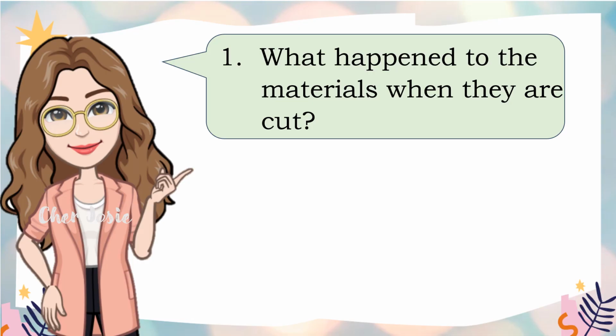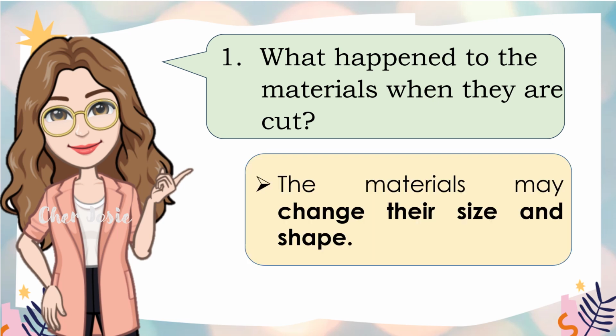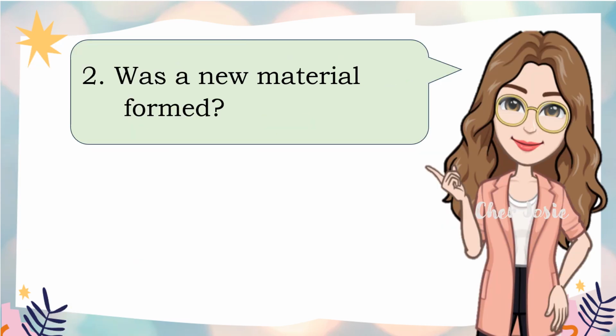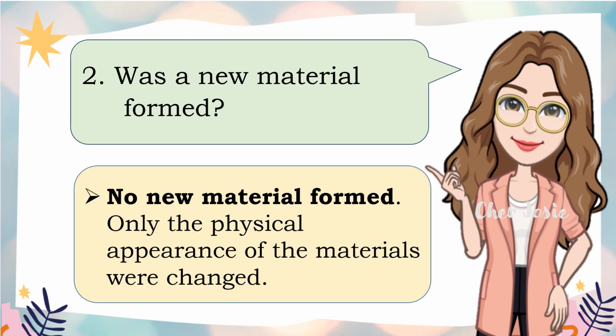Based on your activity, what happened to the materials when they are cut? Very good. The materials may change their size and shape. A new material formed? Very good. No new material formed.